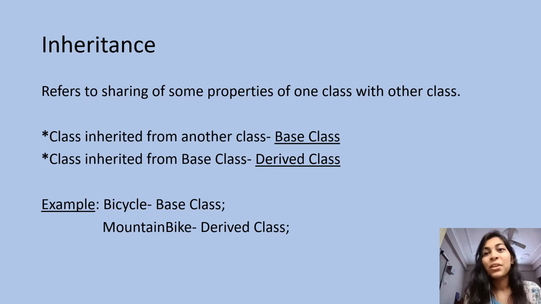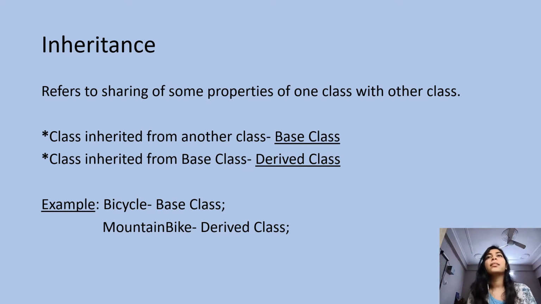So we can say that inheritance is an important pillar of object-oriented programming, right? It is the mechanism by which one class is allowed to inherit the features, fields, and methods of another class, right? Now, some important terminologies related to inheritance include base class and derived class, right? The class whose features are inherited is known as the base class, also known as superclass or parent class.